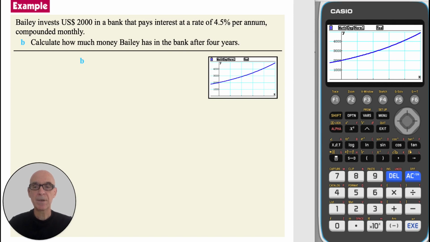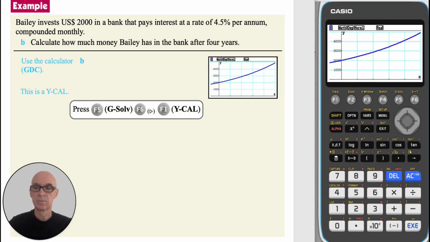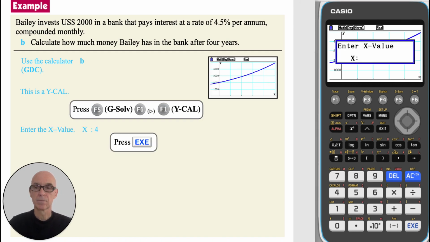In part B, we're asked to calculate how much money Bailey has in the bank after 4 years. Using the calculator, this is a y calculation. Press F5, G-solve, F6 to get to the second page of tabs, and F1 for a y calculation.